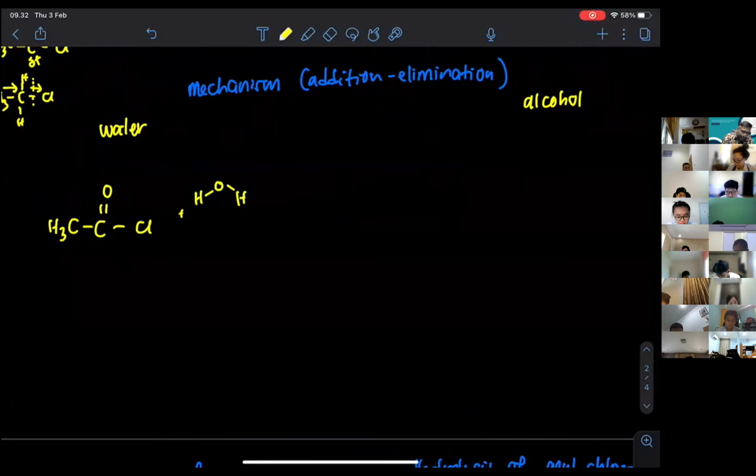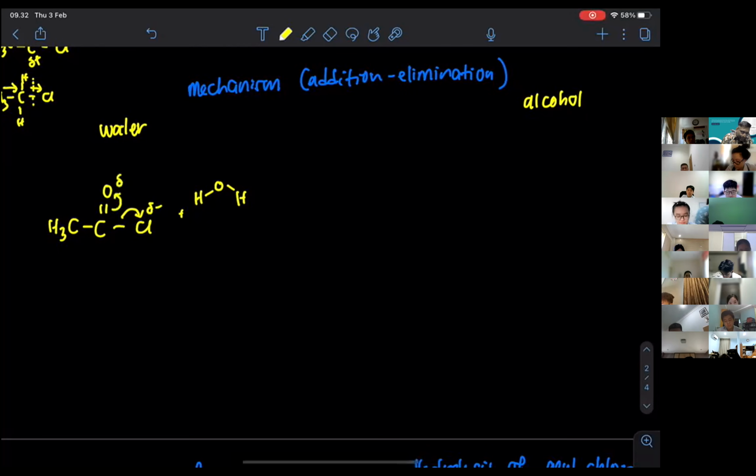First, the electron will go this side, delta negative. The electron will go here, delta negative. This makes this carbon delta positive. And I will bring the water over here. We know the water has two lone pairs, so a lone pair will go and attack the carbon.